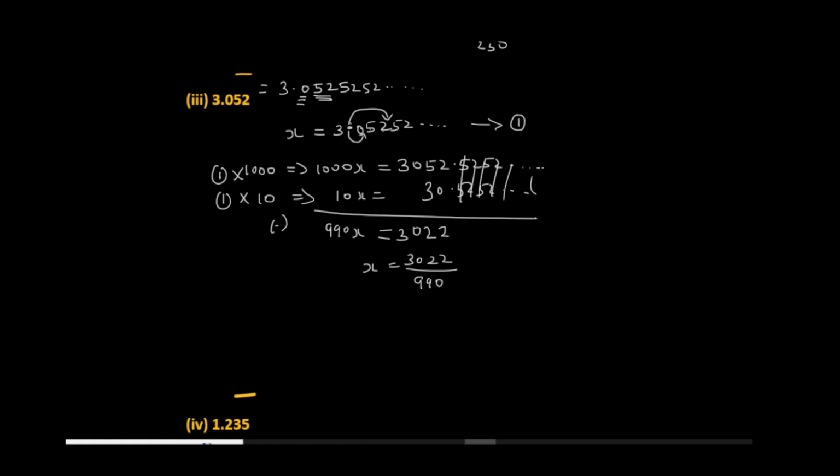While we are reducing this, because the lowest form of a number is the P by Q form, reducing by 2, we get 1511 divided by 495. So our x, which is 3.052 bar, is equal to 1511 divided by 495.